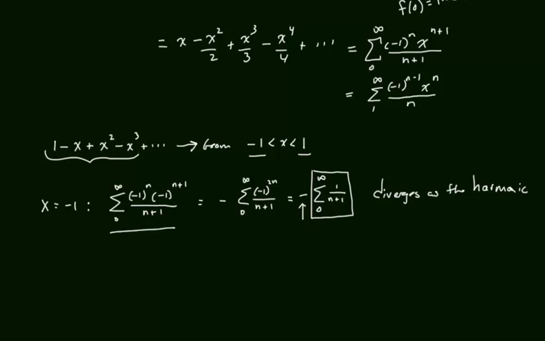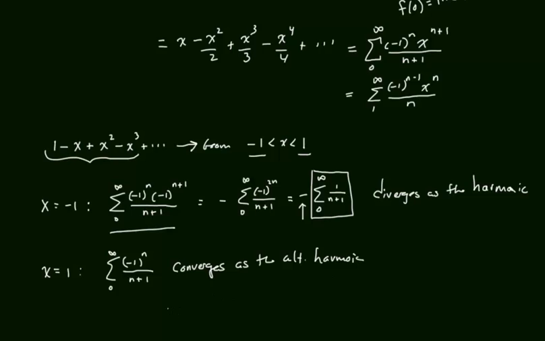And then we look at the next endpoint, x equals 1. And this time when I plug x equals 1 into the power series, we have the alternating harmonic. So this converges as the alternating harmonic. So now we have the complete interval of convergence.